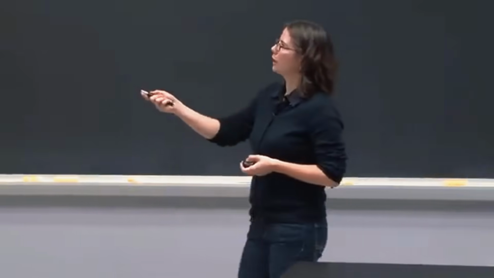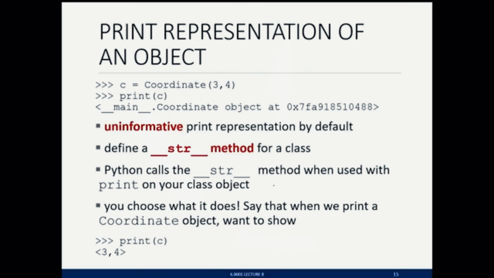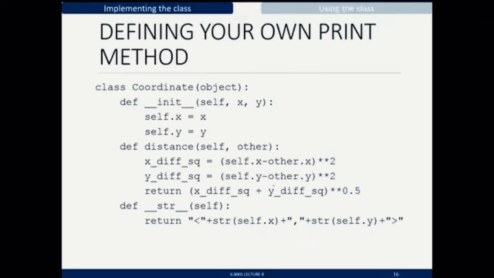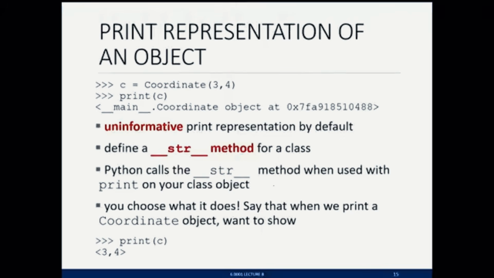So if you create a coordinate object, c is equal to Coordinate(3, 4), and if you print c, you get this funny message. Very uninformative. It basically says, well, c is an object of type coordinate at this memory location in the computer, which is not what you wanted at all. Maybe you wanted to know what the values for x and y were. That would be a lot more informative.